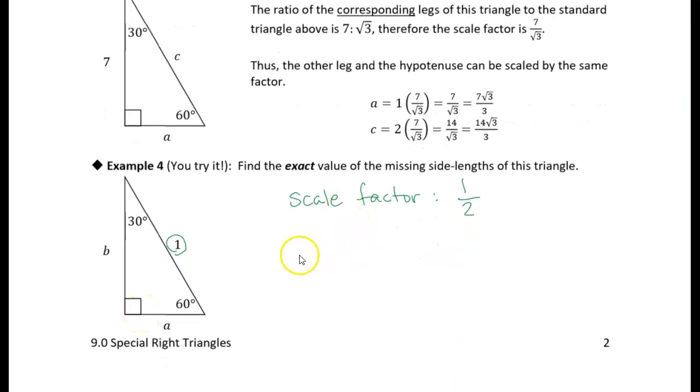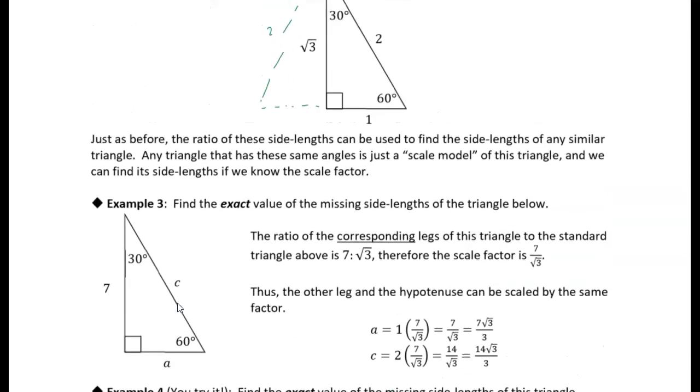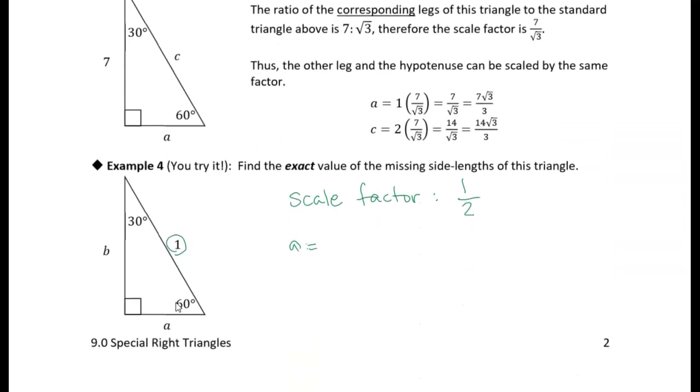All right. So for side A down here, the corresponding side in the standard triangle has a length of 1, right? And then we're just going to multiply it by 1/2. So in this triangle, in example 4, A has to be 1/2 of a unit long.